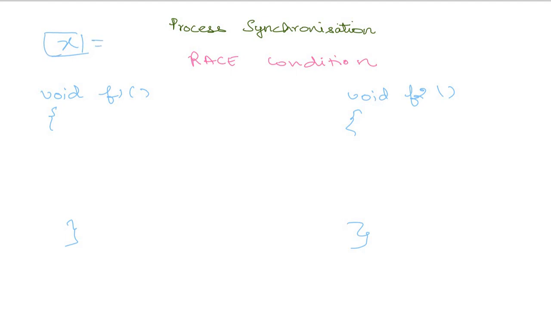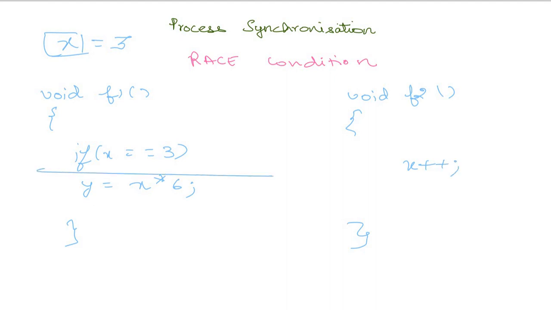Earlier it was set equal to, let's say, 3, and in f1 we have: if x equal to 3, y is equal to x multiplied by 6, and in f2 we have x plus plus.